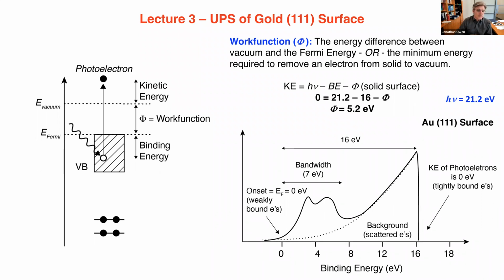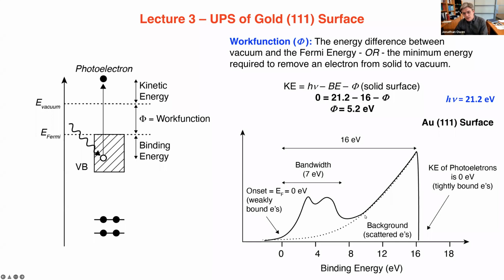Okay, so at the top of this band of filled levels, you reach the Fermi energy. That is a binding energy of 0. Right? Binding energy is defined by the difference between the level you're probing and the Fermi energy. So right at the Fermi energy, any electrons that you're promoting have 0 binding.